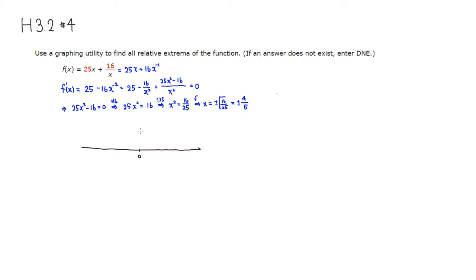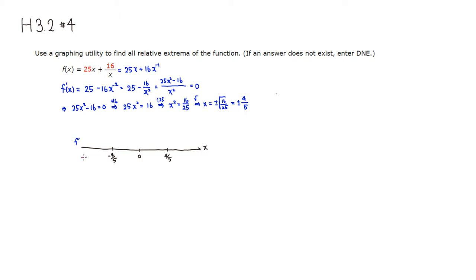The critical numbers are negative 4 over 5 and positive 4 over 5. So let's look at the sign of the first derivative. We're going to look at the sign of f prime, starting with anything less than negative 4/5.